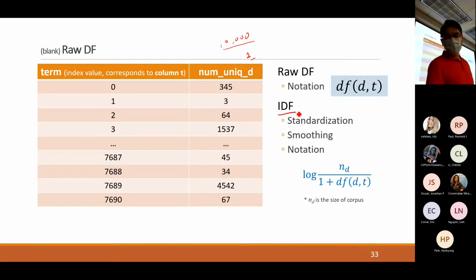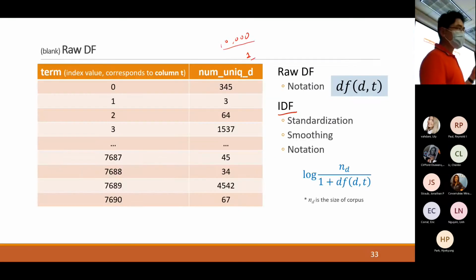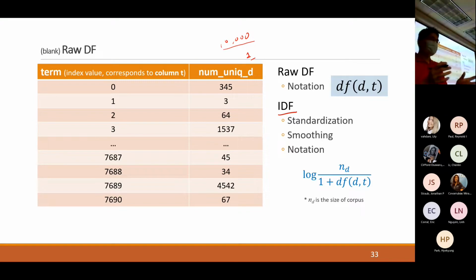This is the inverse document frequency of the term, which gives additional information about the uniqueness of the word. So we put them together. We put the term frequency and inverse document frequency together, and it becomes a composite matrix that describes the uniqueness or value of the terms.